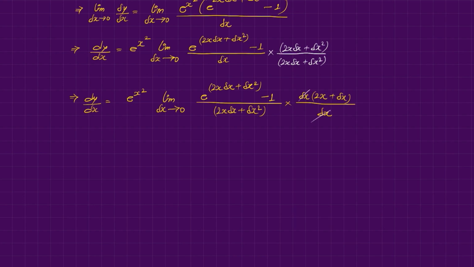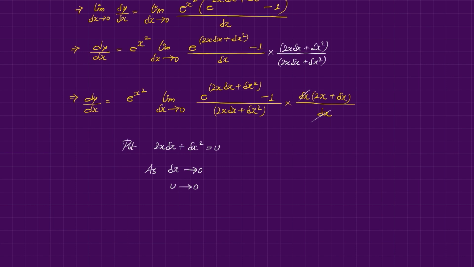Now this particular expression, that is 2x delta x plus delta x square, let me put as u. So put 2x delta x plus delta x square equals u. Now as delta x tends to 0, u tends to 0.